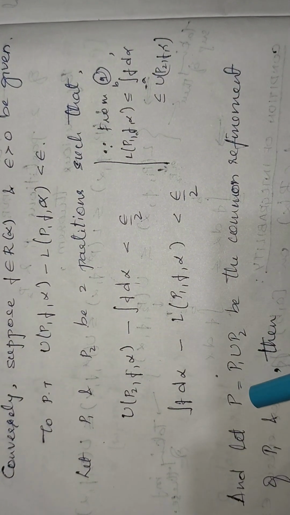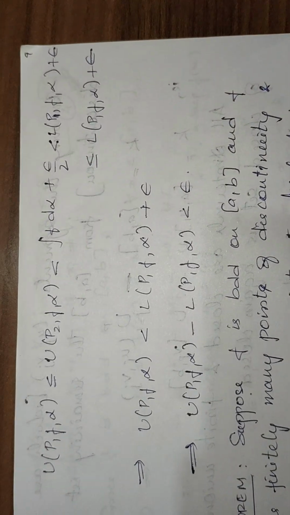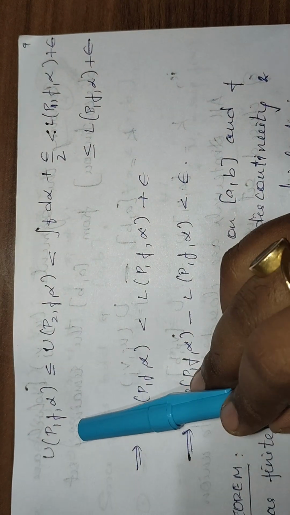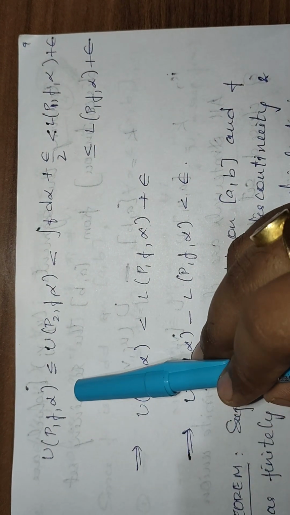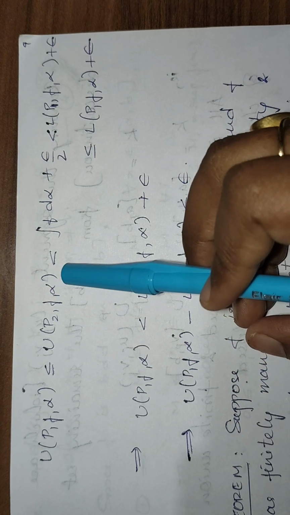Now let P be the common refinement of P1 and P2. Okay. And let that P be equal to P1 union P2. So if this is the case, then U of P, f, alpha is less than or equal to U of P2, f, alpha.